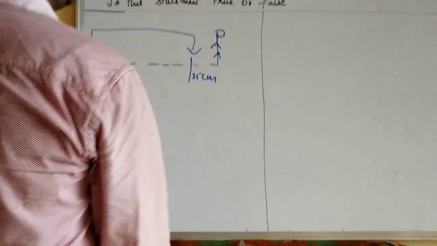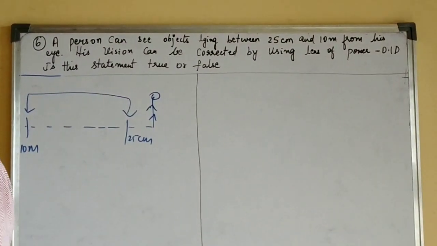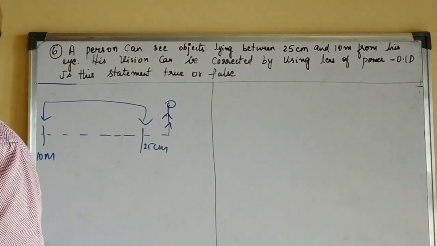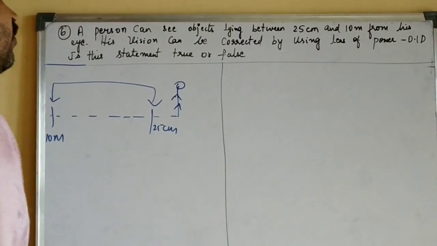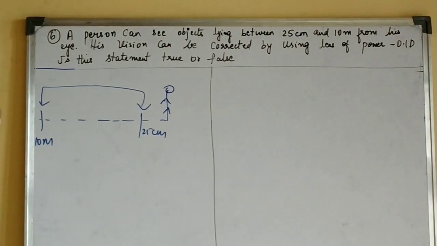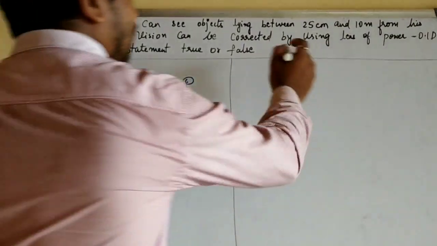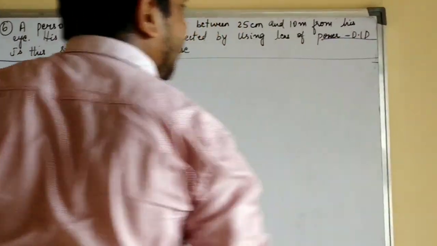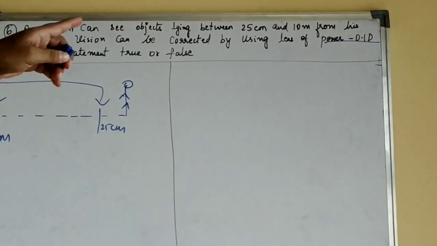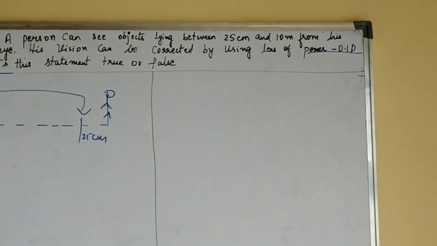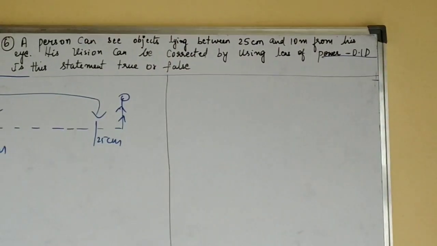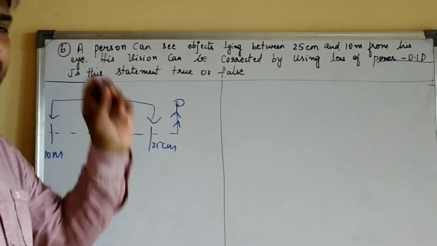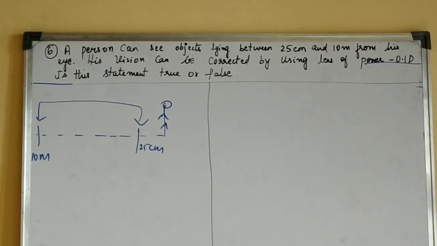Now his vision can be corrected by using a lens of power minus 0.1 diopter. Whether this statement is true or false, we have to see here. They have given the power in negative, that is minus 0.1 diopter. That itself is the clue to which type of eye defect the person is suffering from.